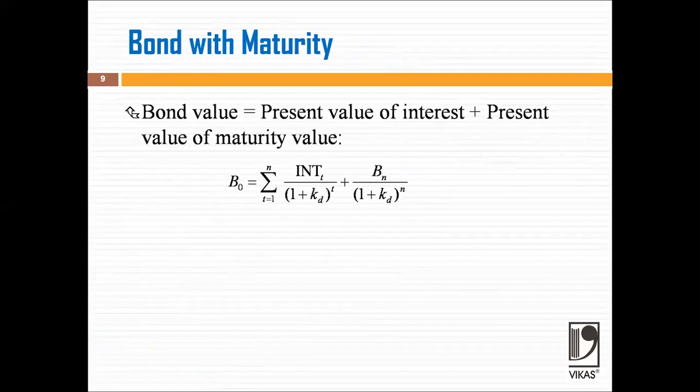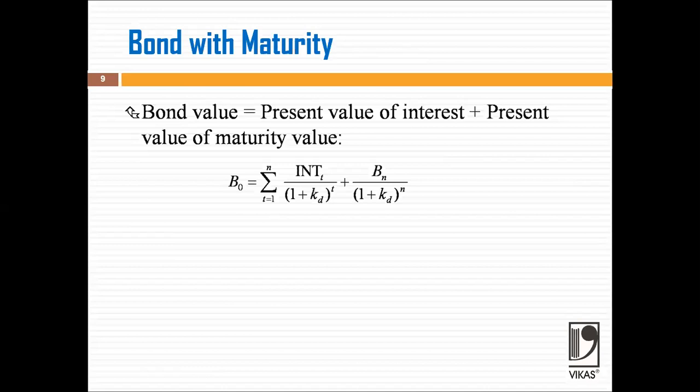Right. Now we will move to how to calculate the value of the bond with maturity. It means the first type of bond. The bond value formula is the present value of interest. We have already discussed what present value is.